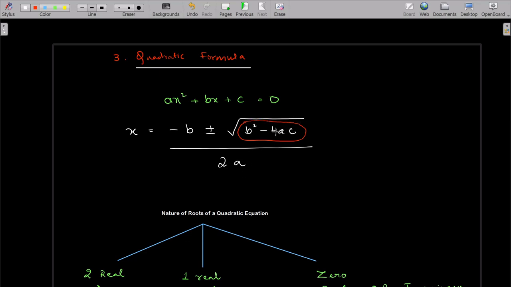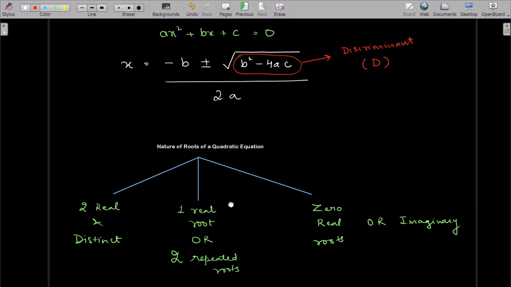So the quadratic formula is majorly used to tell the nature of roots. We don't use it much to solve the equation, we only use it to tell the nature of roots, and this quantity is called the discriminant. It's denoted by capital letter D.